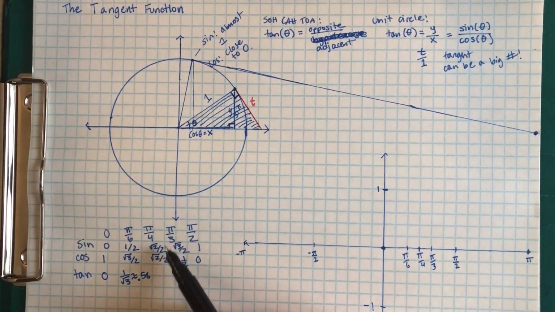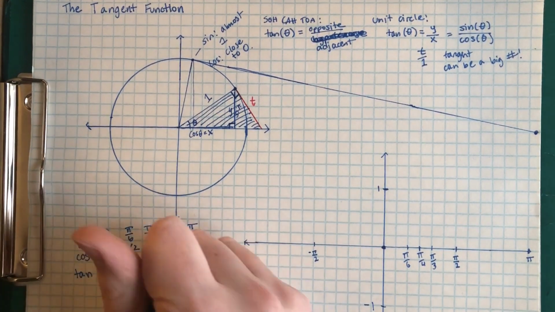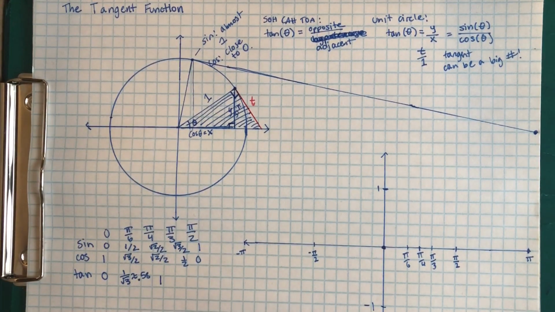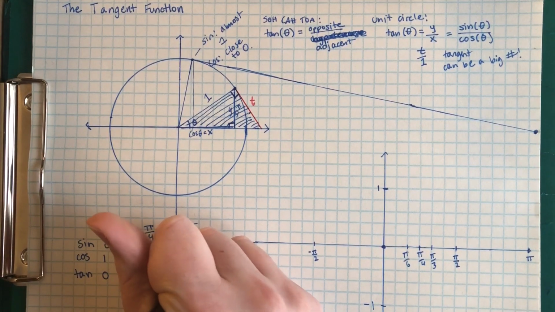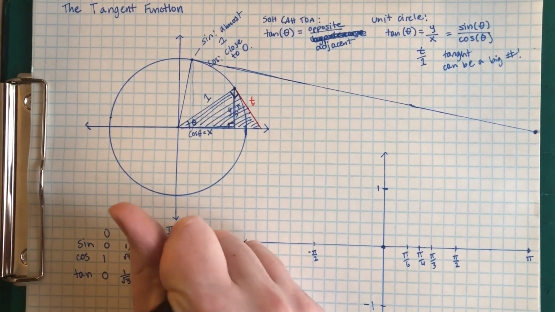These two numbers are the same, so when we divide them, we will get 1. These two numbers, square root of 3 over 2 divided by 1/2, it comes out to be the square root of 3, which is about 1.73.